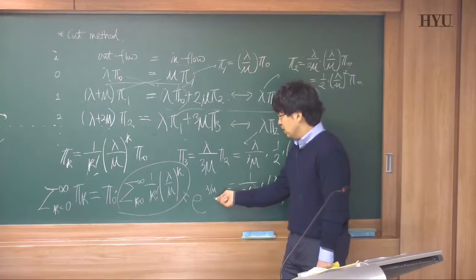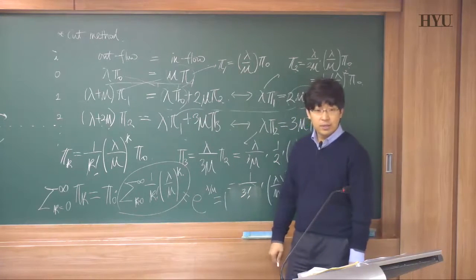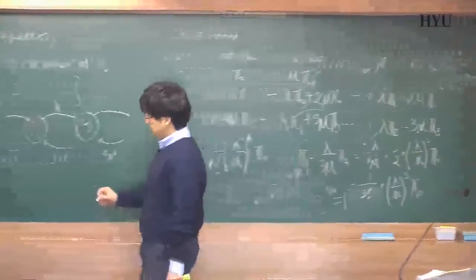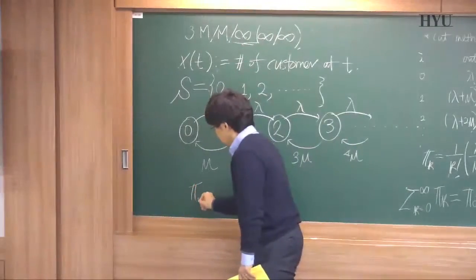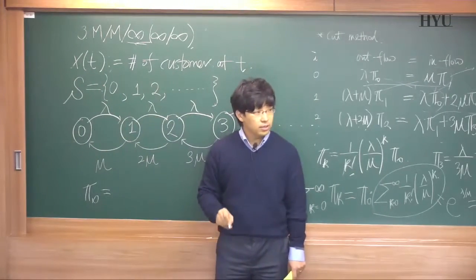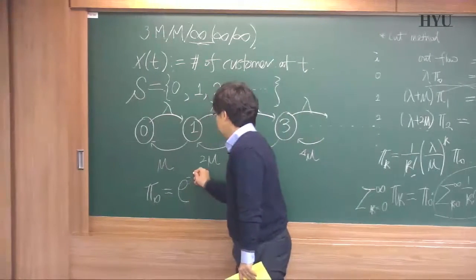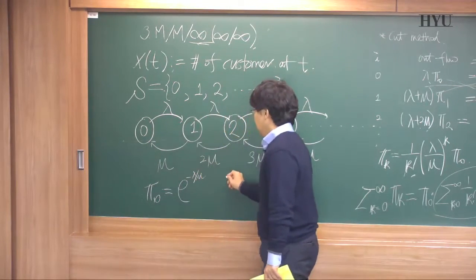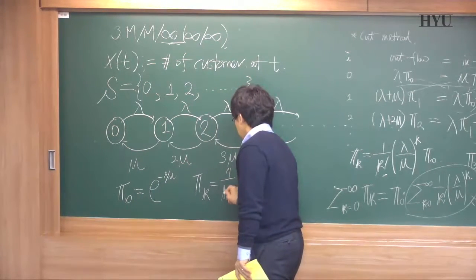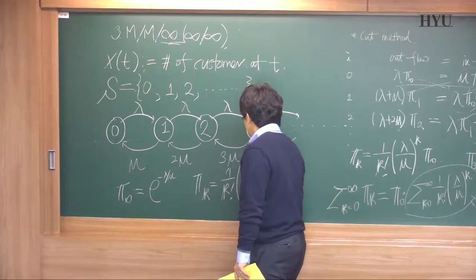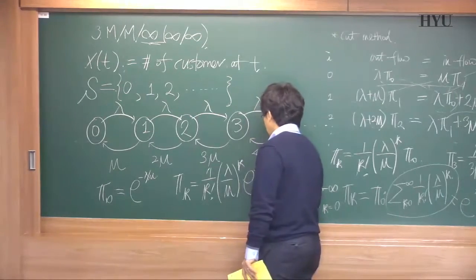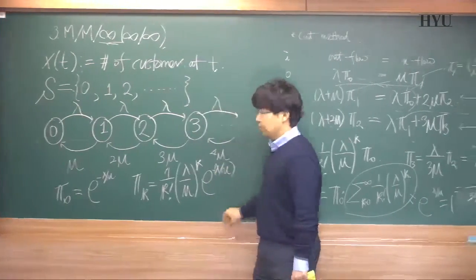This one should be the same as 1. Right? So, pi 0 is e to the negative lambda over mu. And pi k is 1 over k factorial (lambda over mu) to the k's power times e to the negative lambda over mu.